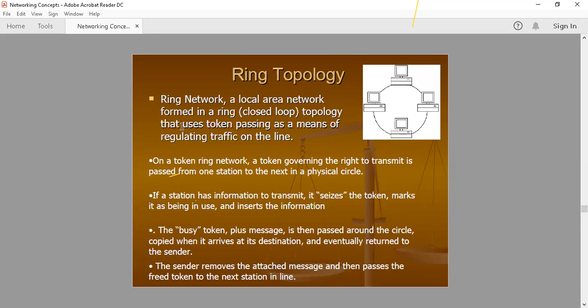Ring topology. A ring network is a local network formed in a ring, a closed loop topology that uses token passing as a means of controlling traffic on the line. One system is connected to the second system, second to third, third to fourth, fourth to fifth, and fifth again to the first system in a ring format.